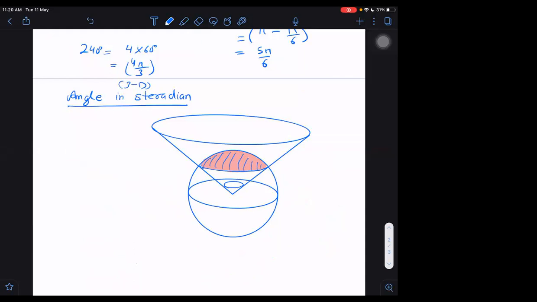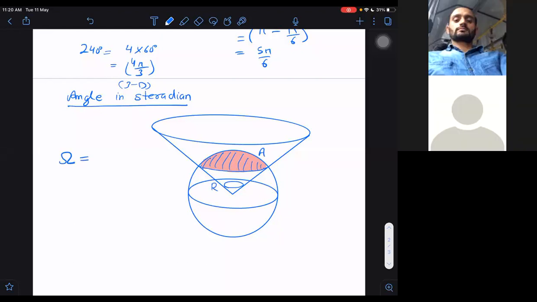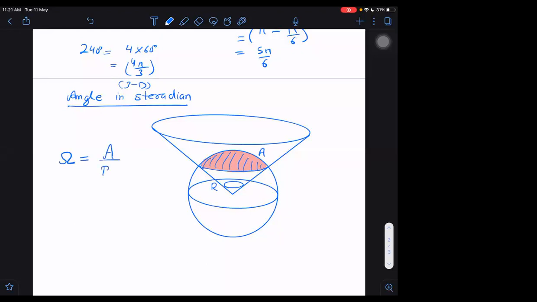Let us say the sphere has radius r and this area is A. Then the angle in steradian, which we usually represent by omega, will be equal to not length upon r, but area upon r square. It is also dimensionless because area is in meter square and radius square is also meter square, so it is a dimensionless quantity.